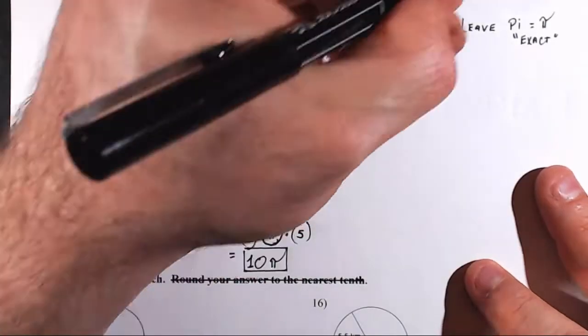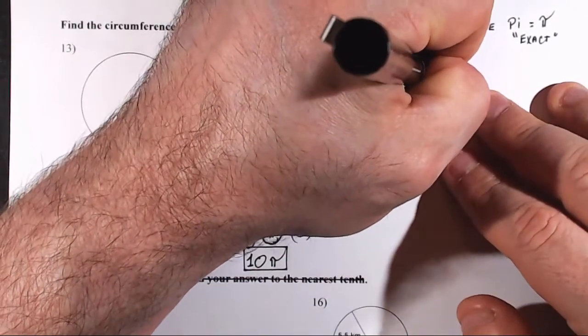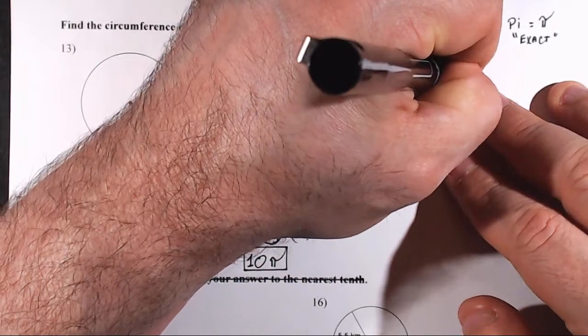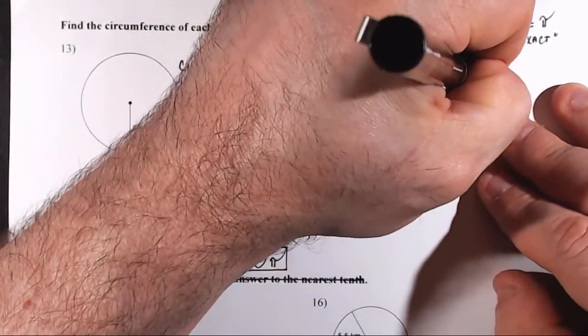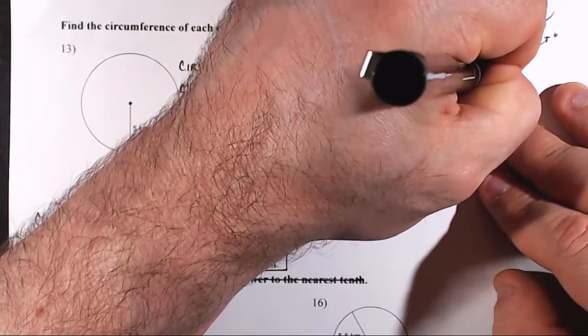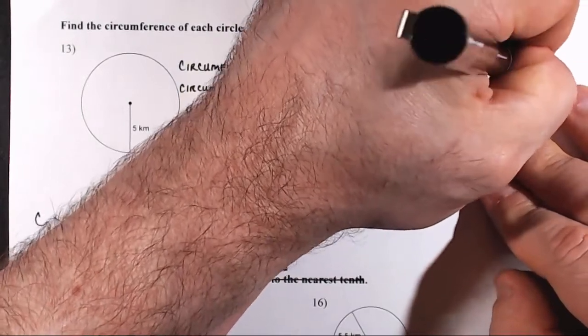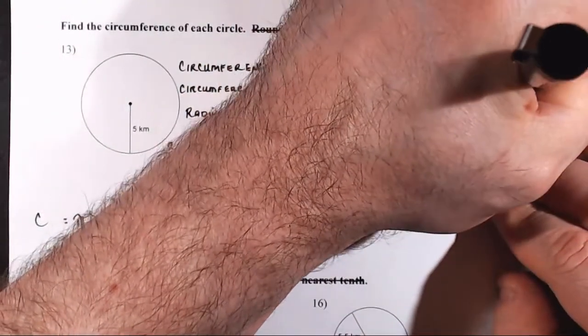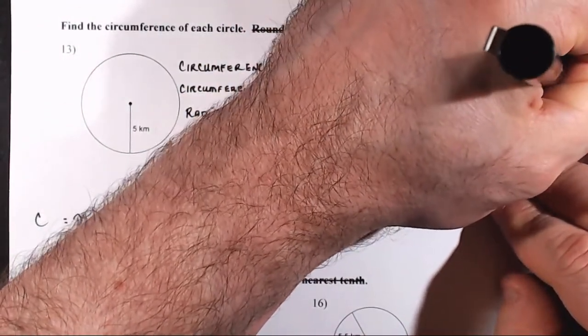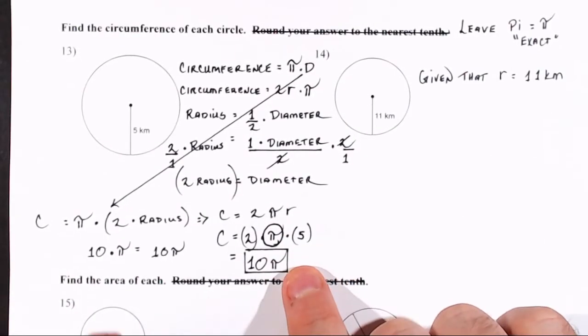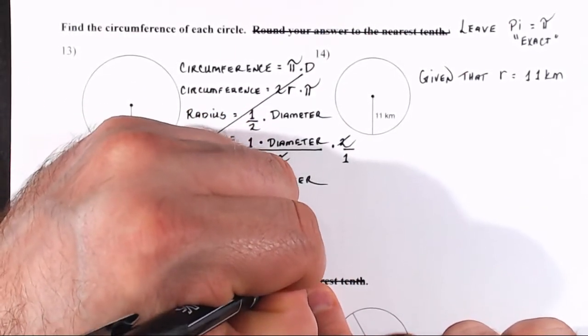We are given a radius. So what are we given here? Let's write what we're given. We're given that r for radius equals 11 kilometers. I guess I forgot to put in kilometers down here.